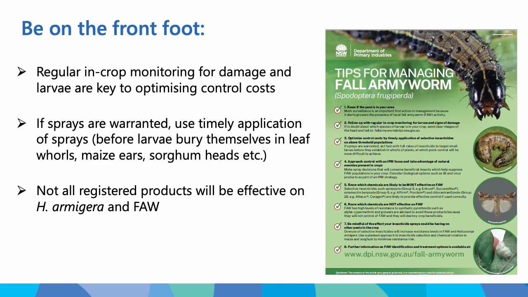And it's also important to realise that fall armyworm had already been exposed to selection pressure from broad-spectrum insecticides on a global scale over many decades before it arrived in Australia. So unsurprisingly, this was always going to impact how effective some of those products were likely to be on Australian fall armyworm populations.